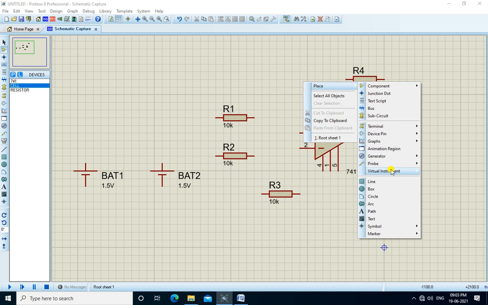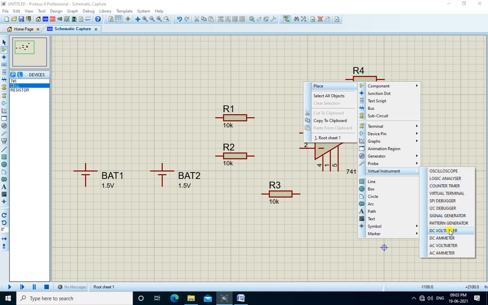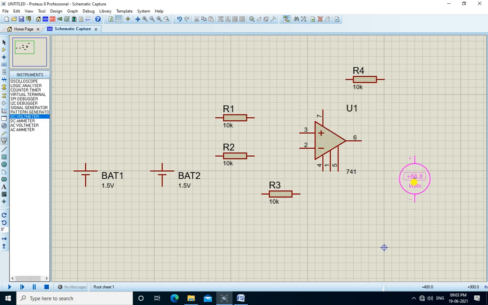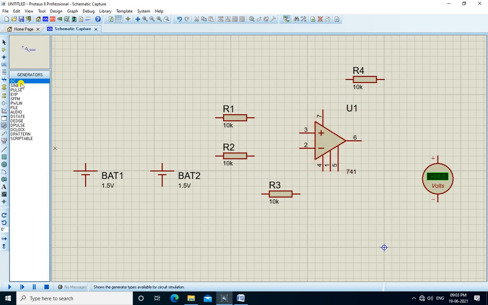We need to measure the output voltage, so we connect a DC voltmeter at the output. We need to supply plus VCC and minus VEE to pin number 7 and pin number 4 respectively. So we need a DC source, and we need ground.